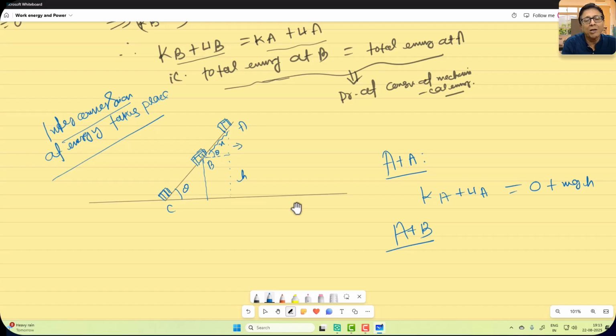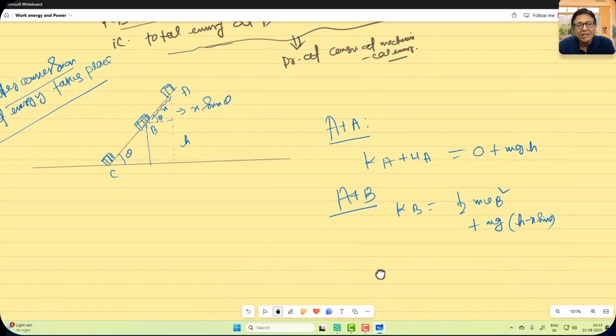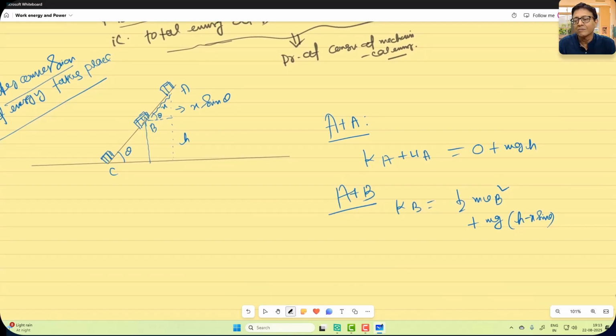This part will be how much? x sin theta. At B, kinetic energy is what? Tell me, half m v square. And potential energy is mg(h minus x sin theta). Am I correct?